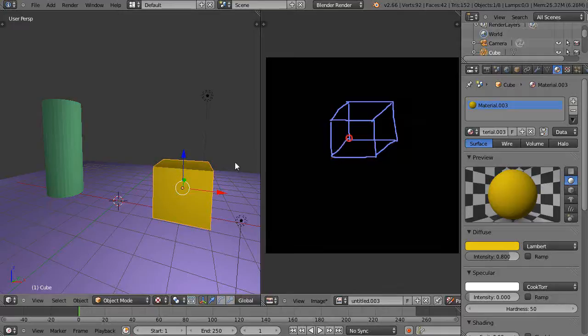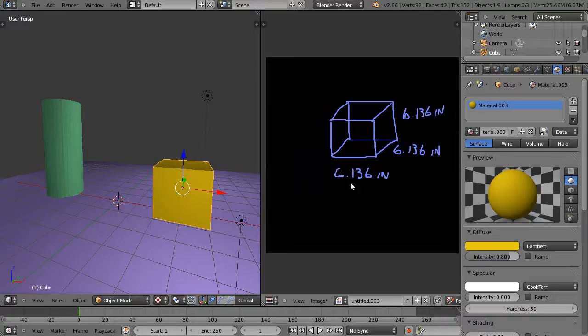Alright, so basically we're saying 6.136 inches for the length and 6.136 inches for the width, and then 6.136 inches for the height.